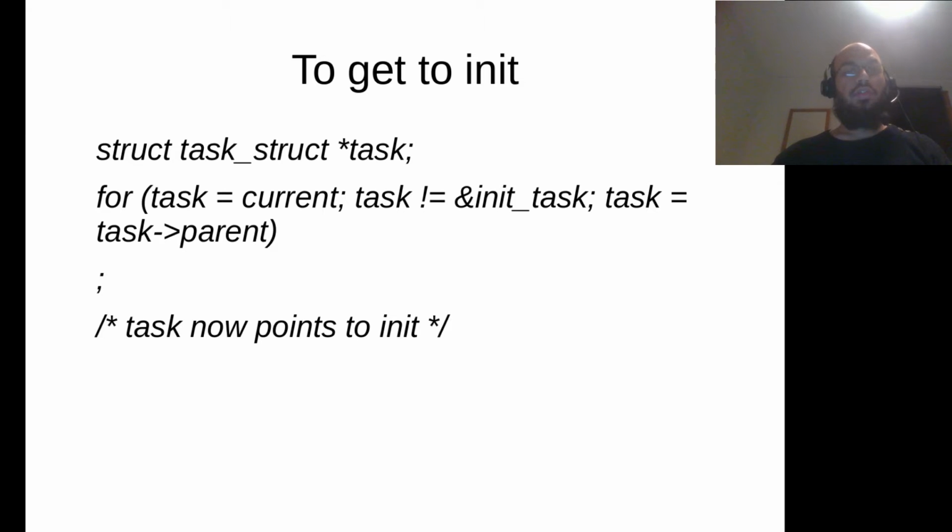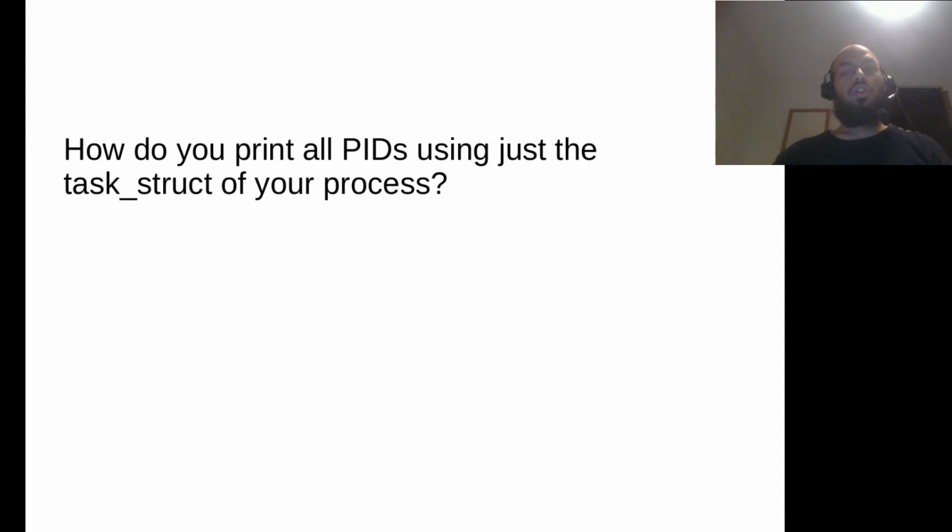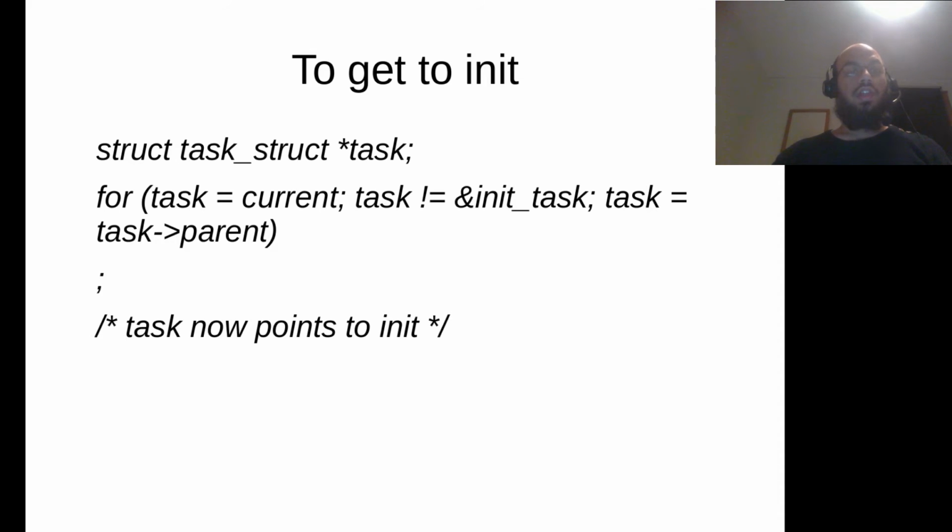You basically have the task struct that you're looking at, and you pick the current task, and as long as the task is not equal to init task, it's not equal to 1, basically, go to the parent, and then in the for loop you don't really need to do anything, because the for loop will just go all over until it basically reaches the parent. Of course, you can print, or you can use printk to print whatever task you're on. You can do stuff inside, but to get to the init process, this is all you need, basically.